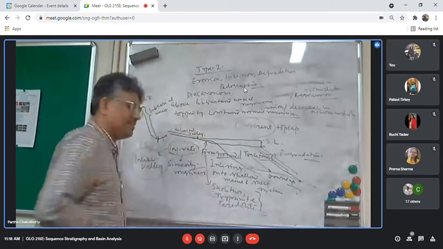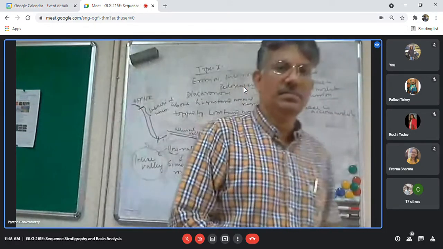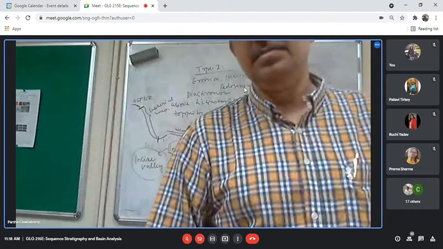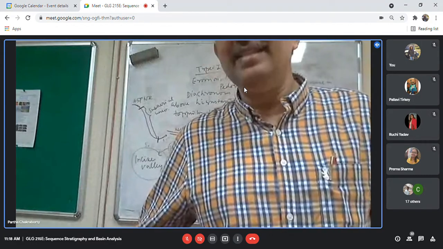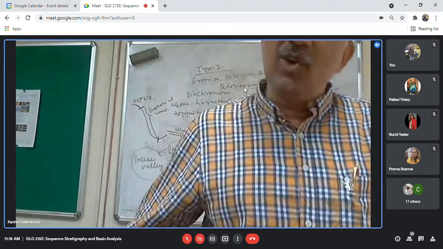These are the firm ground and the trace fossils.